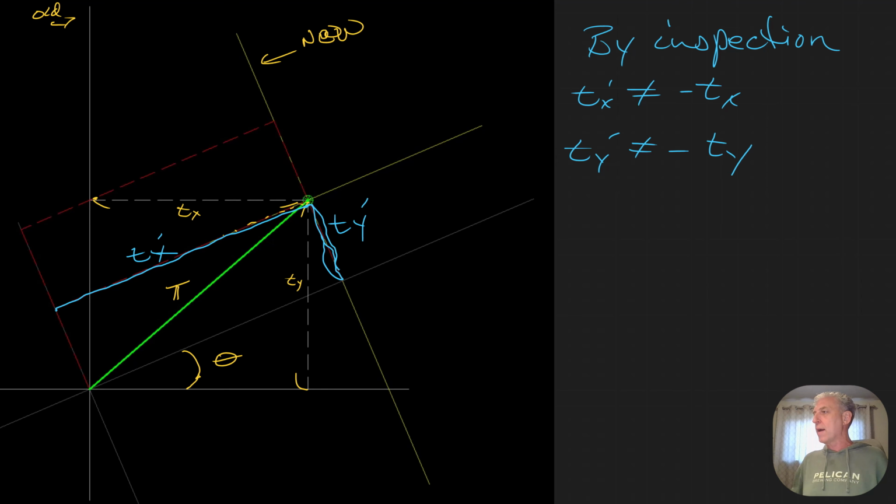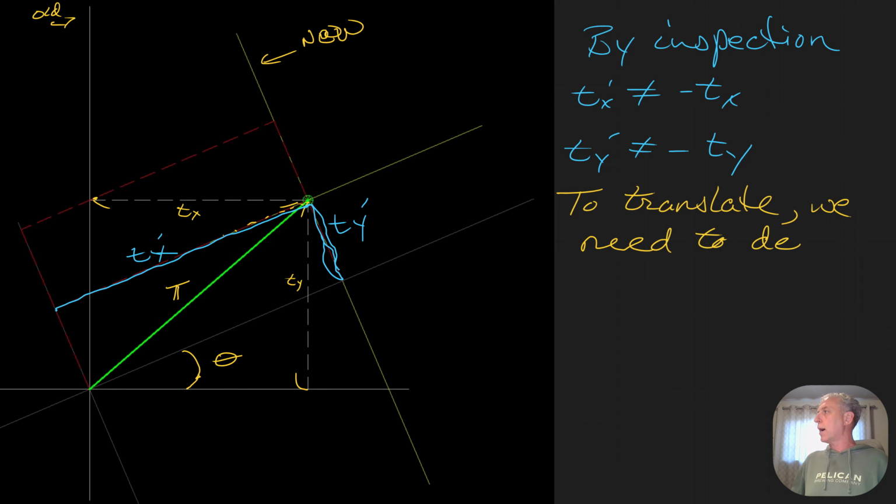So now we have a goal. We already know how to rotate, but to translate, we need to derive tx prime and ty prime, right?